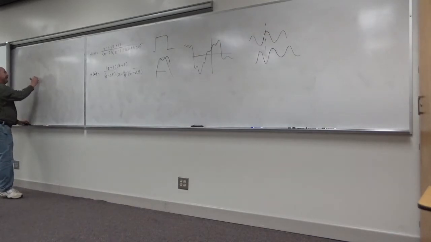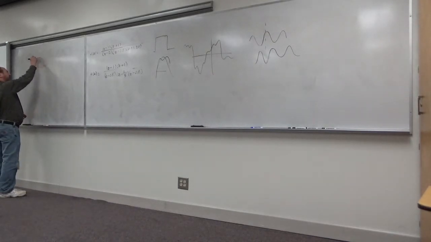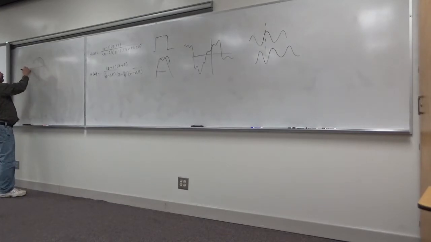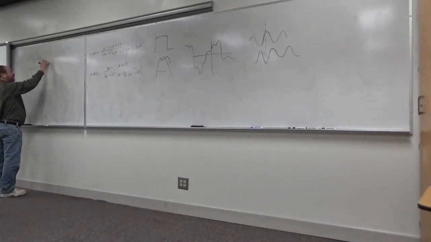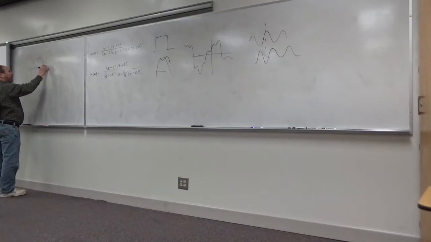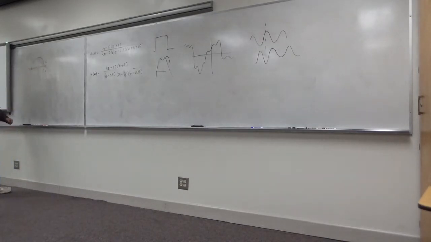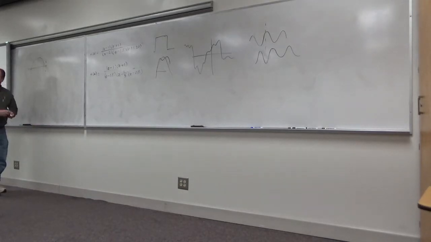If I were to say, here is another filter with pole zero plot, pole, pole, pole there, and let's just say 0 there. Okay? Unstable, true? Okay? But it's got a frequency response that I really like.